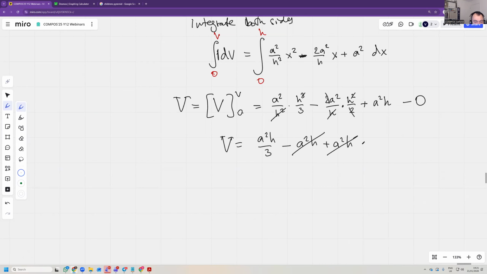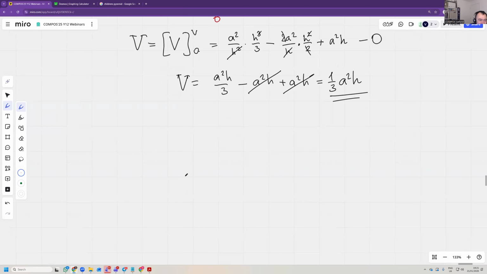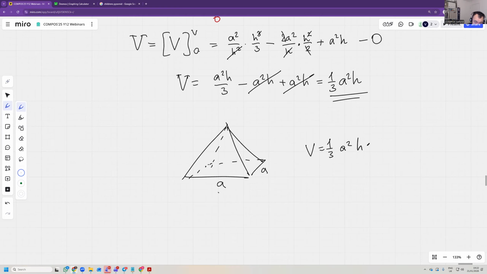That cancels and is equal to 1/3 a squared h, which is absolutely true because we know that the pyramid with a side A has volume 1/3 base times height, so 1/3 a squared times h.